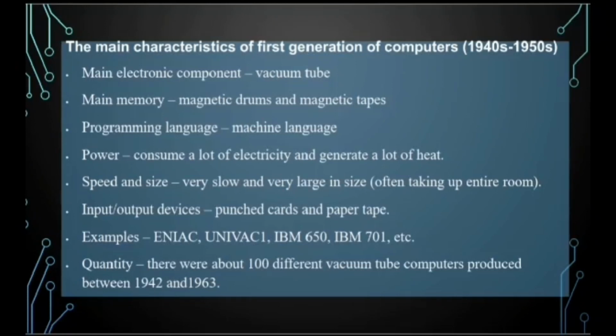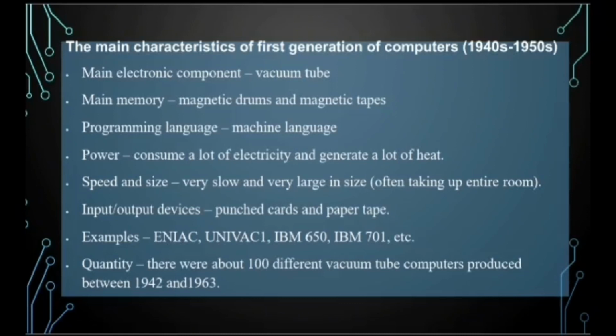Input-output devices: punch cards and paper tape. Punch cards and paper tape are historical input and output devices. Punch cards, widely used in early computing, held data as holes punched in specific positions. They served as input by being processed through card readers, and as output through patterns of holes that could be interpreted.